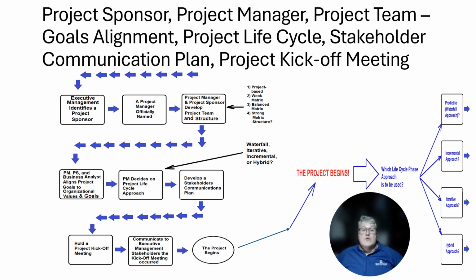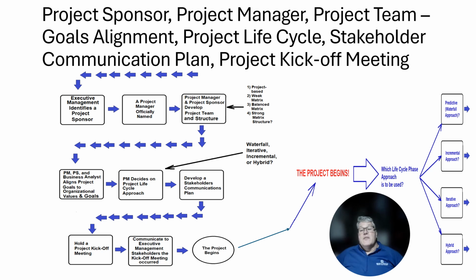I'll be the go-to person, especially if a risk occurs that we need to accept, or a challenge occurs that is outside of the scope or the capability of the project manager and project management team. Okay, so the sponsor is identified and a project manager is identified and officially named.